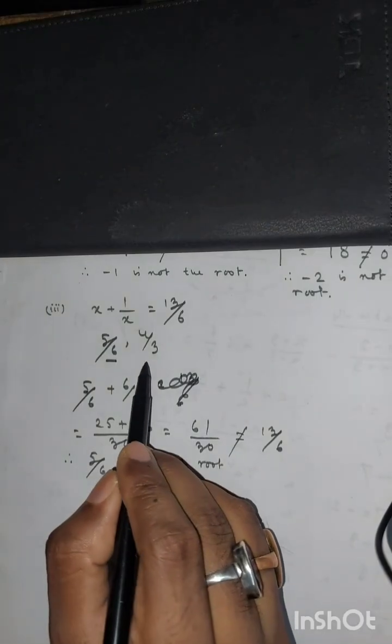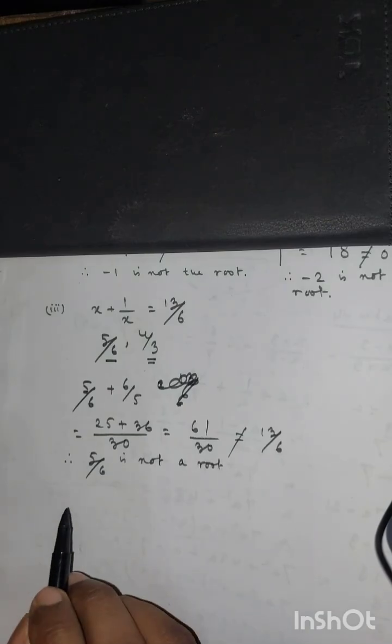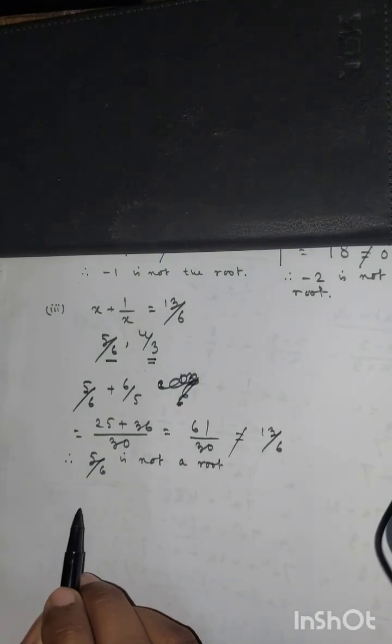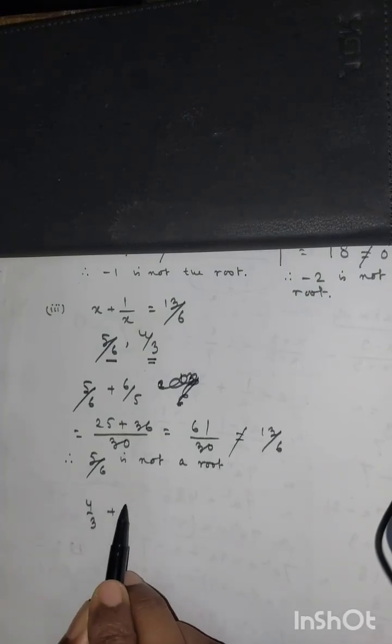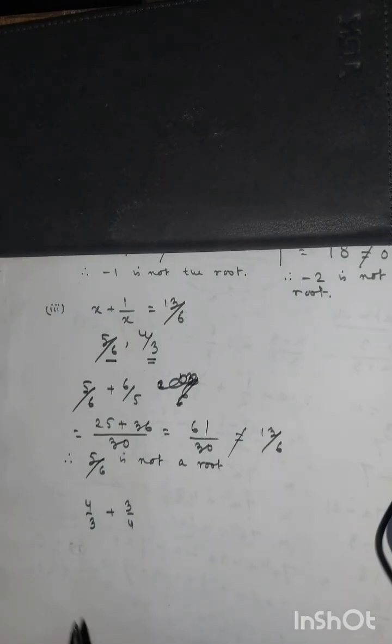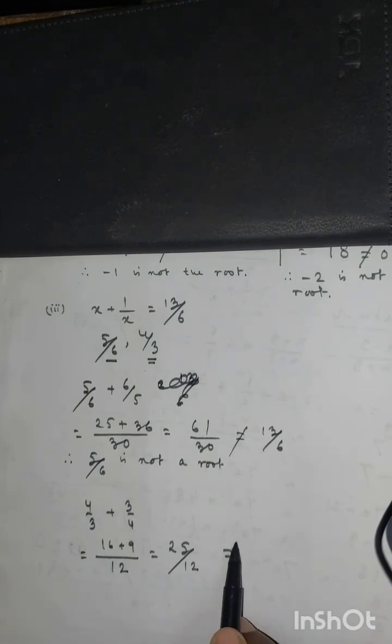Now if we put 4/3 in the left hand side in place of x, we get 25 by 12, which is not equal to 13 by 6.